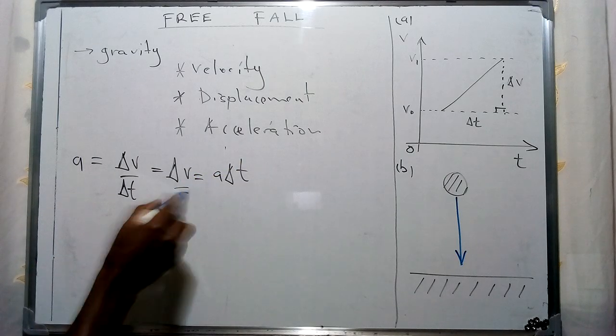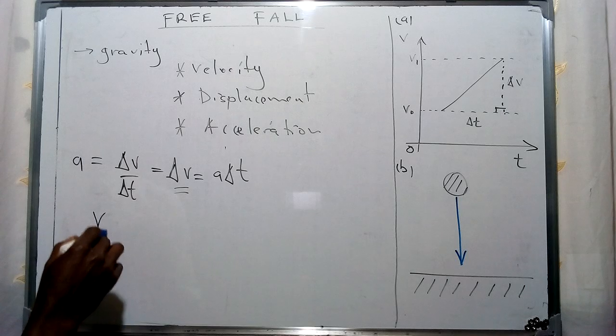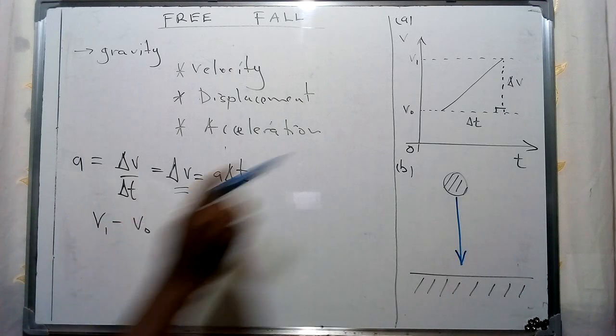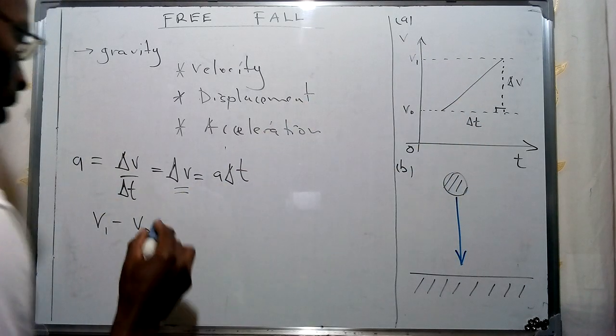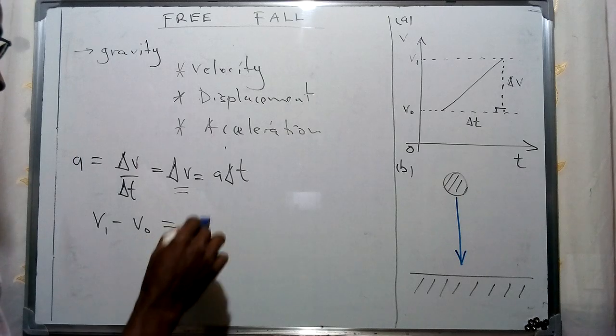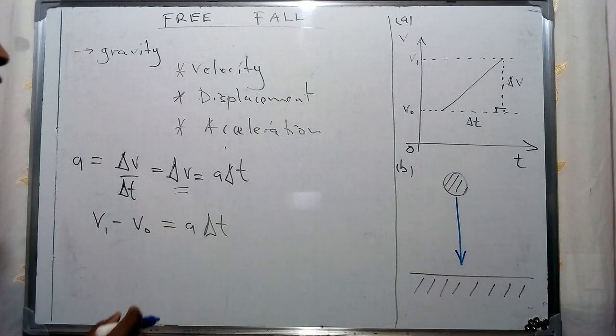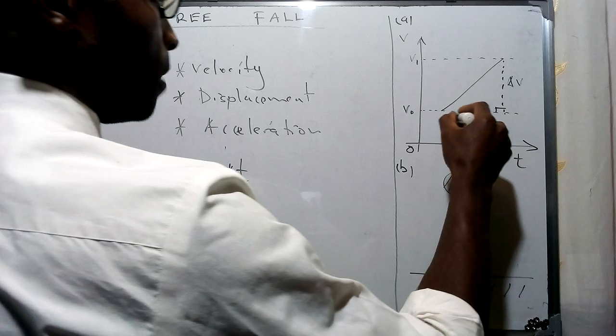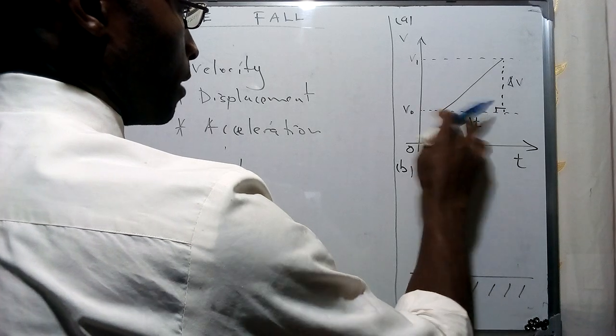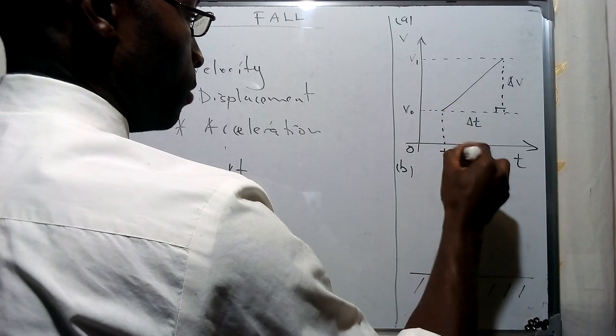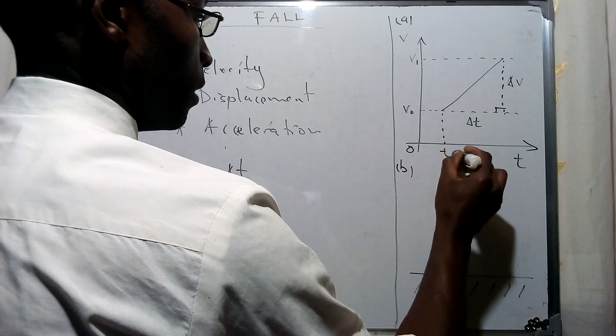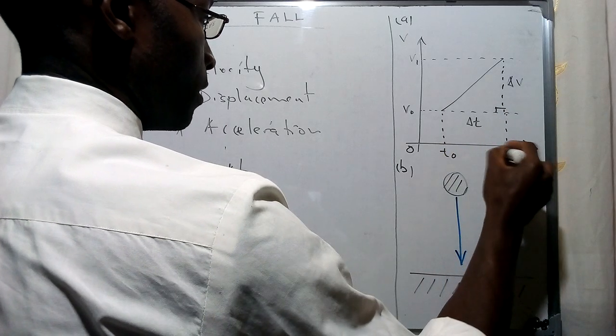Now, we had said that if we consider the change in time from the final to the initial for this graph, then we have delta t. So we consider the change in time between, perhaps, t naught and then t1.